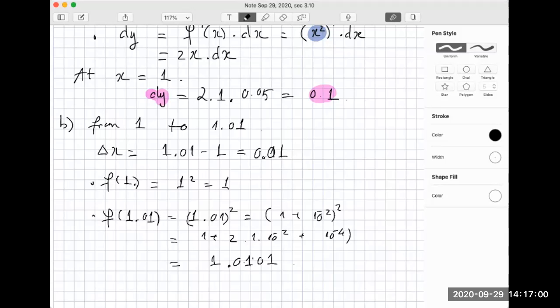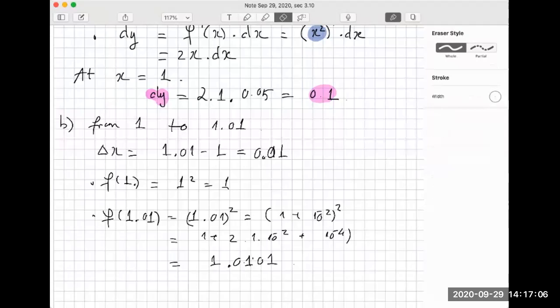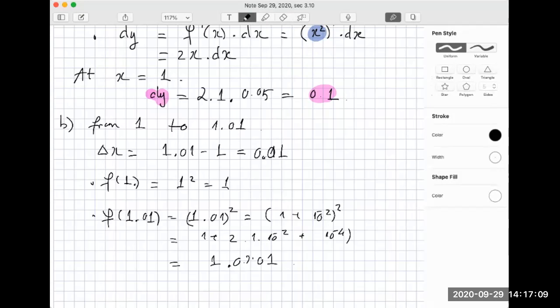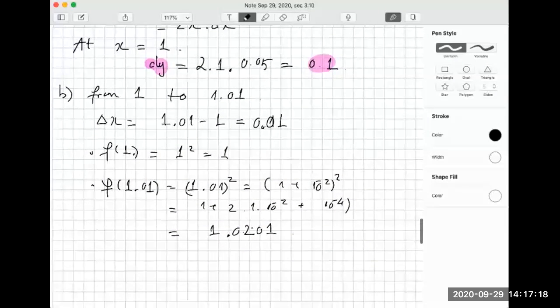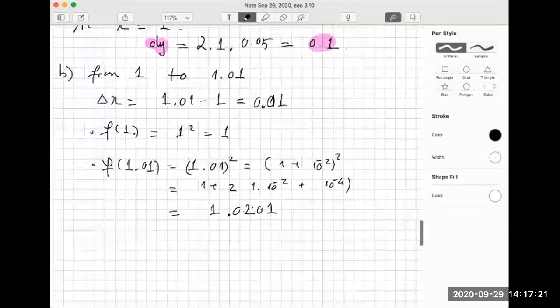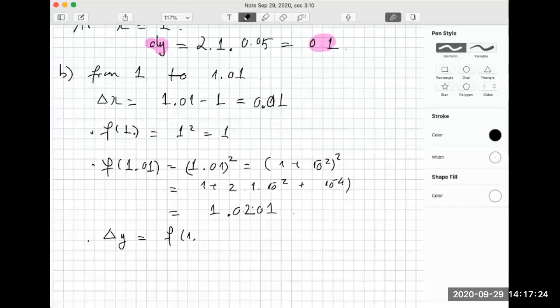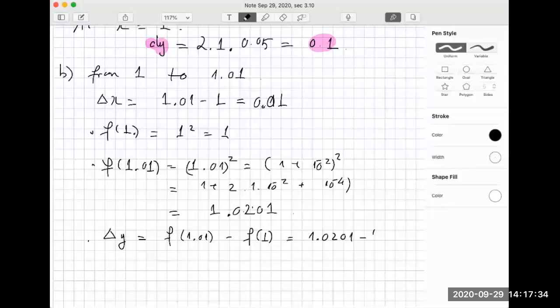Then 2, it means here it is 0.2. Okay. So we know f at 1 and f at 1.01, therefore we can compute delta y, which is f of 1.01 minus f at 1, which will be 1.0201 minus 1. And what do we have here? Very good.